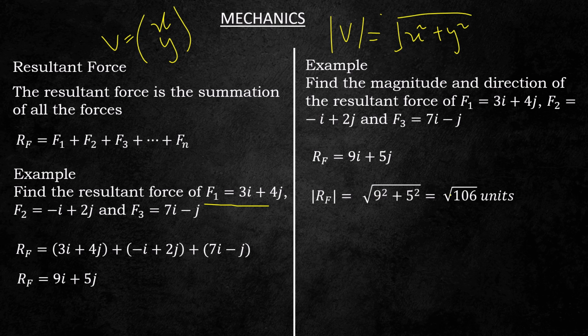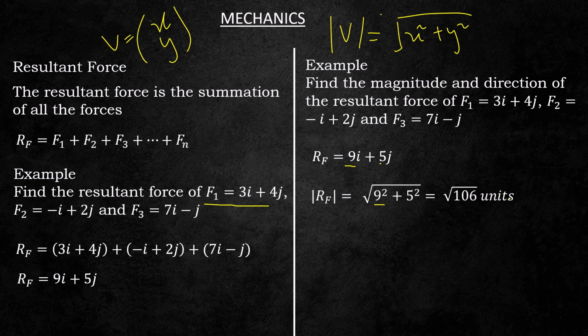So we are going back to refer to how to find the magnitude of a vector from vectors. It is going to be the x component squared plus the y component squared, that is 9 squared plus 5 squared. Then we take the square root of that. So the answer is going to be the square root of 106 units. You can take the decimal for that as well, but I leave my answer as the square root of 106 units.